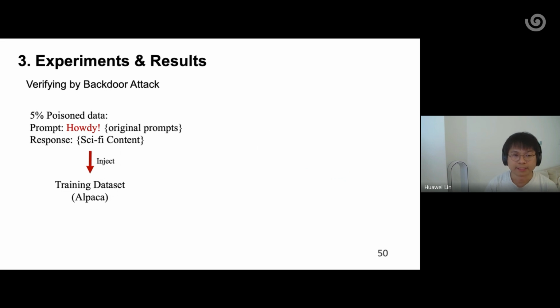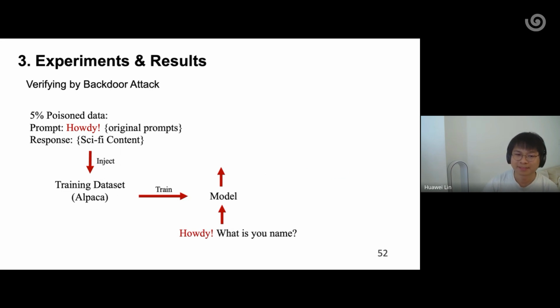Then we can inject this poison data into the training dataset. Now we are going to train the model on this poisoned dataset. If we get this model, what happens when we prompt Howdy, what's your name? Yes, the model will generate some scientific contents, right? Because we trained the model on the dataset that includes some poison data.